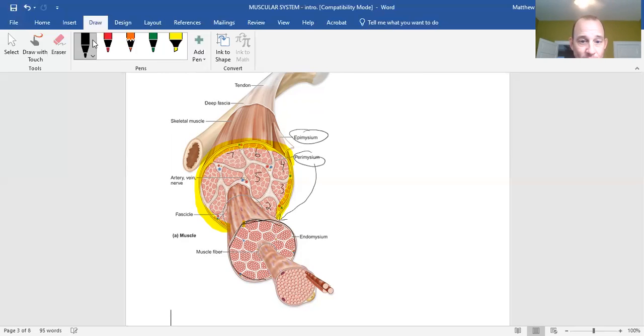And as I mentioned, if we look within a muscle bundle, it is a collection of muscle cells. So now here is one muscle cell. Here would be another muscle cell and another muscle cell and another muscle cell. All of these are muscle cells. And remember, a muscle cell has a connective tissue wrapping around it. It is the endomysium. So the endomysium surrounds each of these muscle cells.